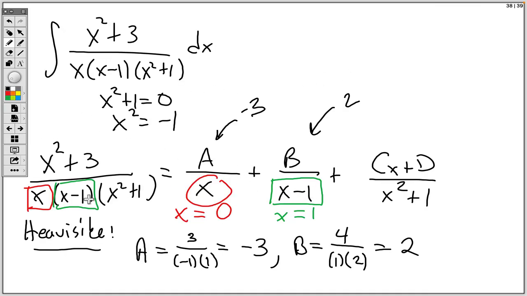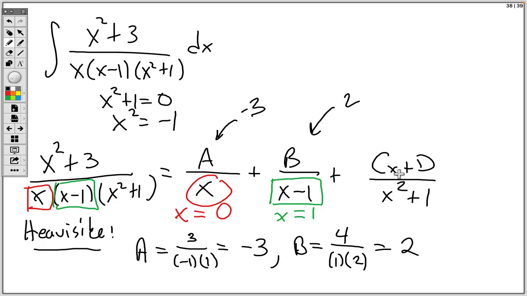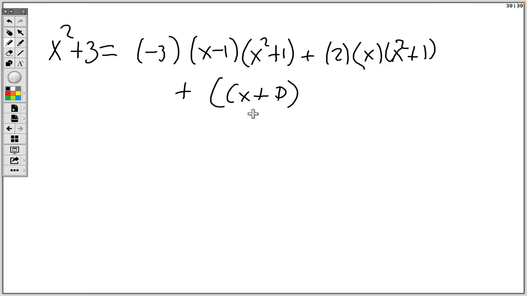The factor x minus 1 would cancel, but the factors of x and x squared plus 1 would remain. And then I've got the cx plus the d. The x squared plus 1 would cancel, and I'd be left with the factor of x times x minus 1.